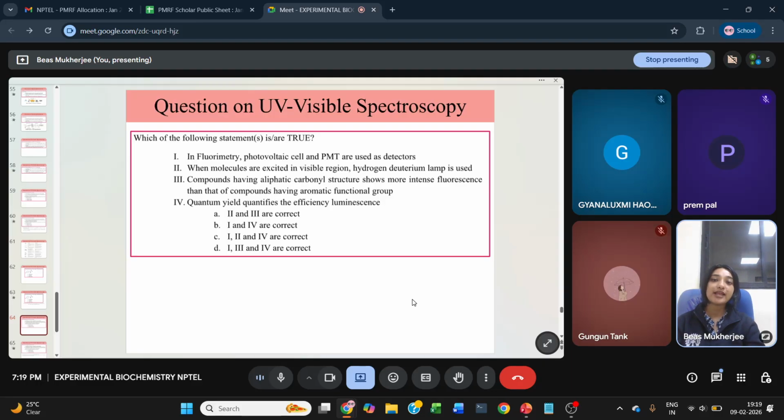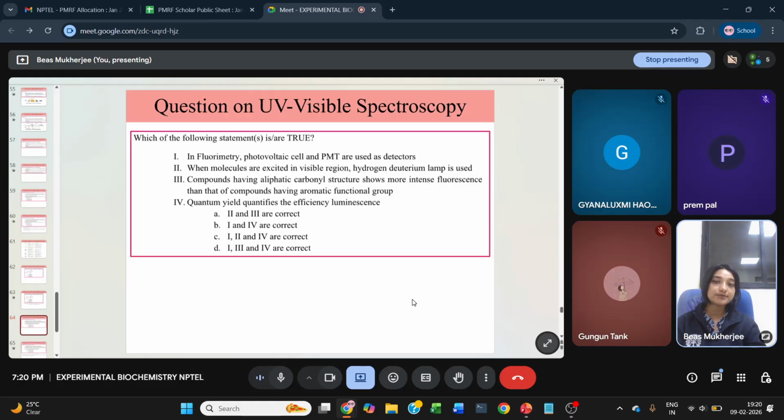When compounds have aliphatic carbonyl structure, they show more intense fluorescence than compounds having aromatic functional group. So which of these are true? And quantum yield quantifies the efficiency of luminescence. Which are true?